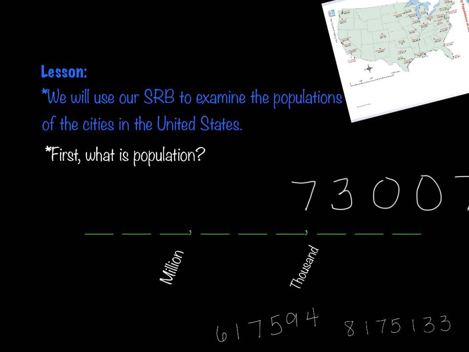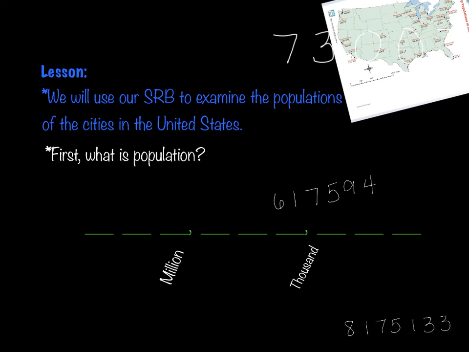So I'm going to take this, move that out of the way, and place another number on our green lines here. And who can tell me how many hundreds we have in this number? If you said 5, you would be correct, because 5 is in the hundreds place.